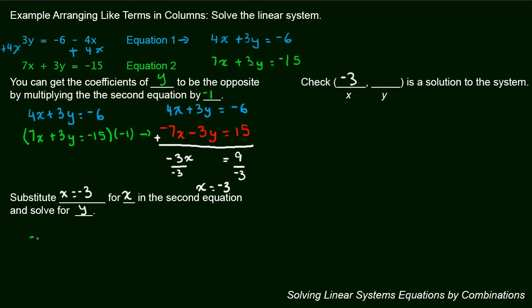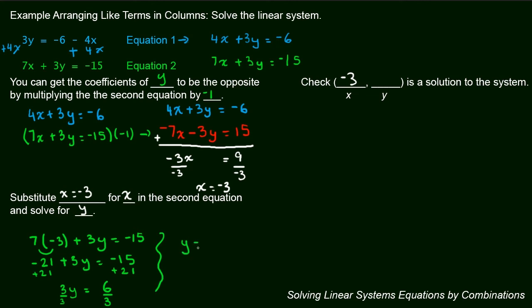So I've got 7 times negative 3 plus 3y equals negative 15. 7 times negative 3 is negative 21 plus 3y equals negative 15. Add 21 on both sides. I get 3y is equal to 6. Isolate y by dividing every term by 3, and I get y is equal to 2.